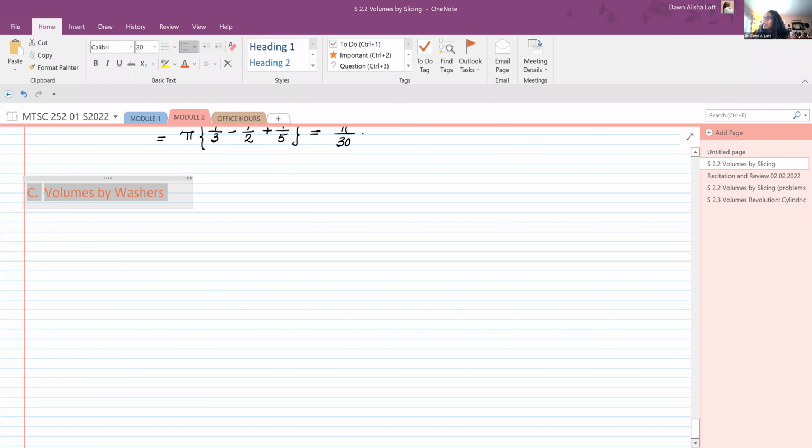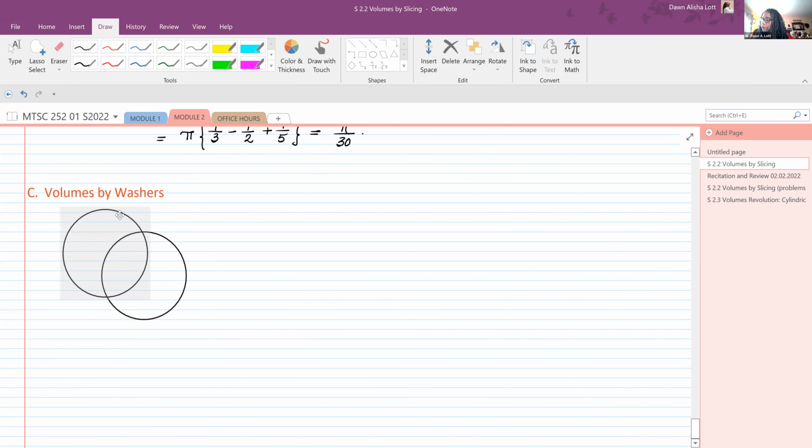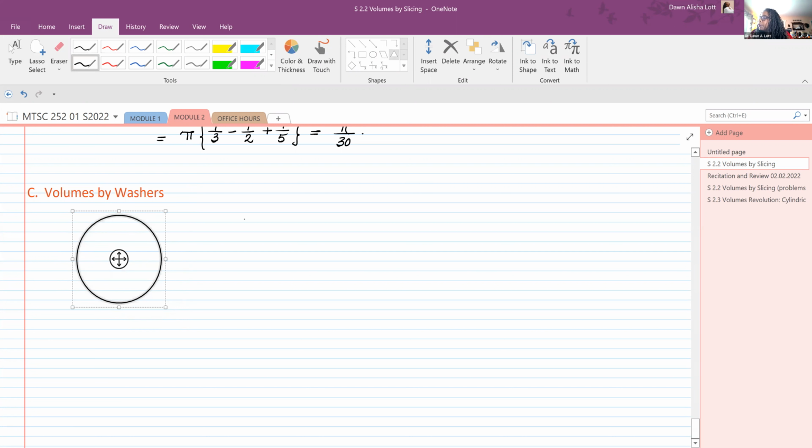All right. And for a washer, it kind of looks like taking one circle like this and putting inside of it another circle like that. Okay.